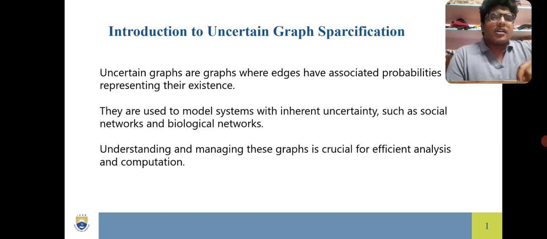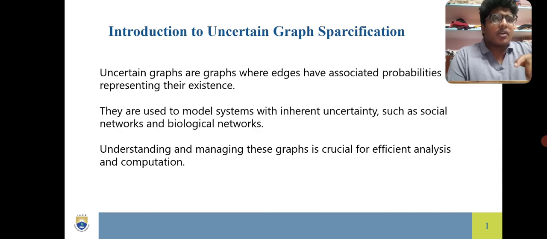Introduction of uncertain graph sparsification: uncertain graphs are graphs where edges have associated probabilities representing their existence. An uncertain graph is a graph where edges aren't guaranteed.